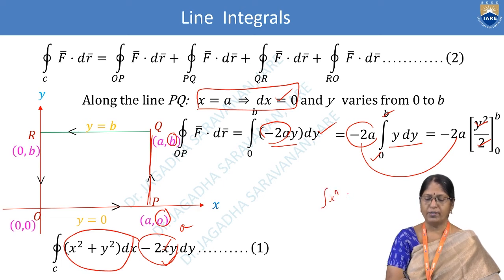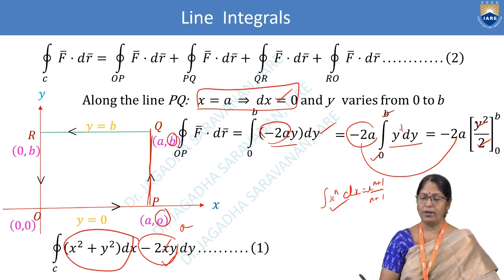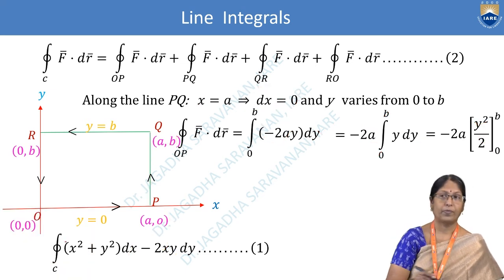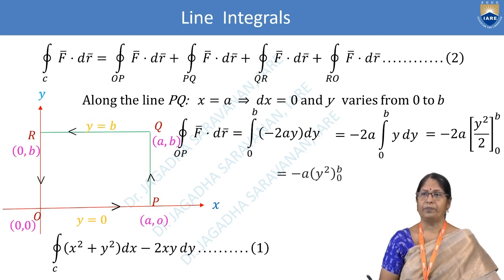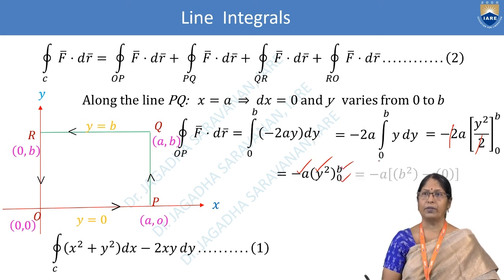Using the simple formula, the integral of x power n dx equals x power n plus 1 by n plus 1, and our y power is 1, so we get y square by 2, with limits from 0 to b. The 2 gets cancelled, leaving minus a times y square from 0 to b.